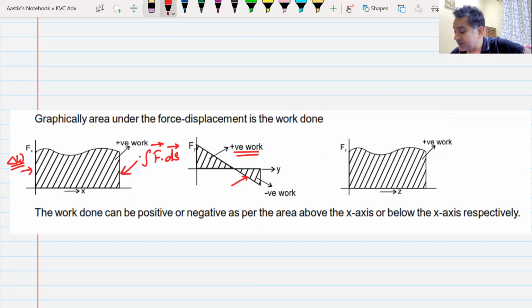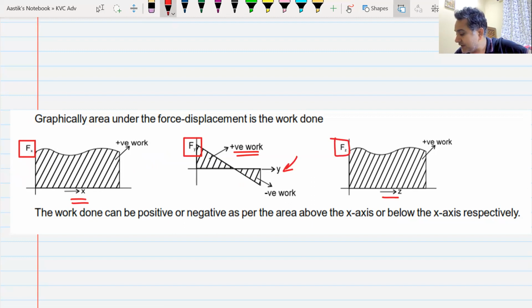Now, one more thing that you would have seen is in all the three diagrams, and if I can highlight that, they have written here Fx and x, here Fy and y, and here Fz and z.